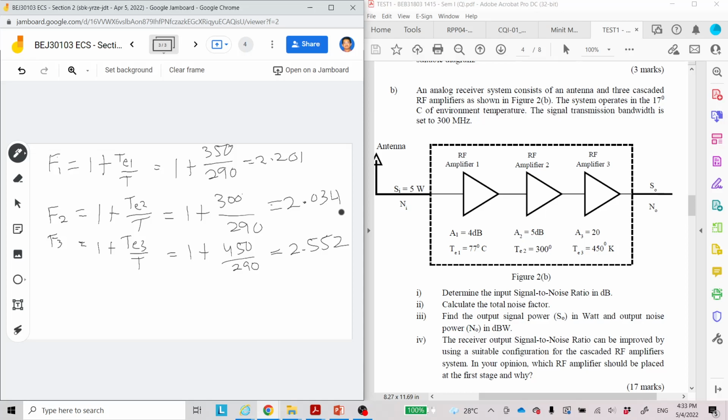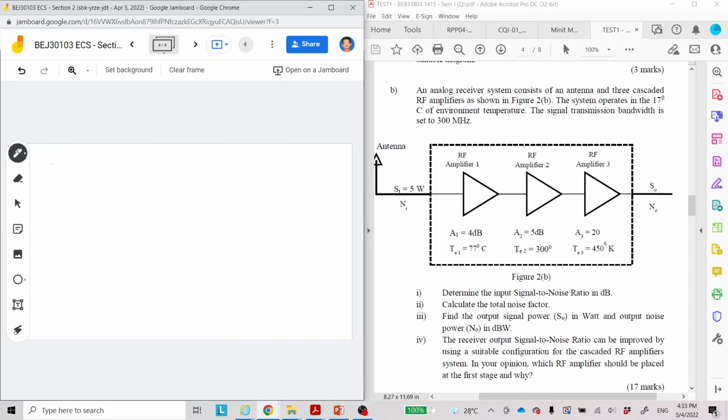So from here you can find the total noise factor F total. I use the next slide. F total is equal to F1 plus F2 minus 1 divided with A1 plus F3 minus 1 divided with A1 multiplied with A2.